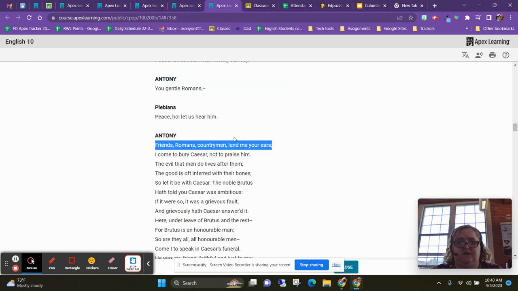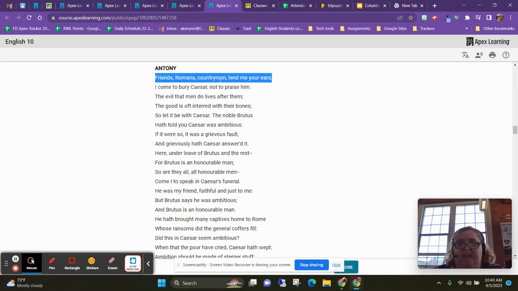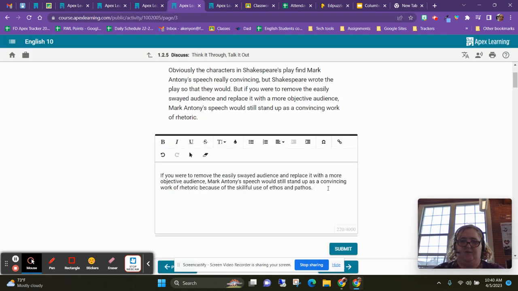I'm going to flip back over here and I'm going to find an example of ethos, which I actually already highlighted. So this is an example of ethos. When he says, friends, Romans, countrymen, lend me your ears, he's saying, hey, we're all the same, right?